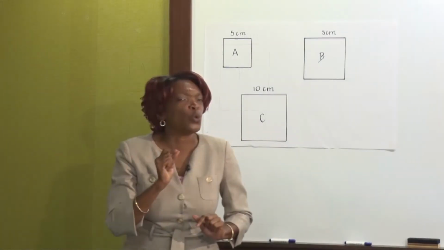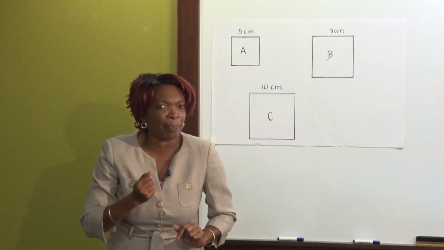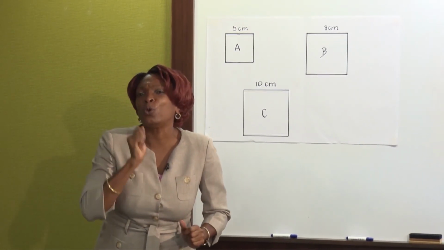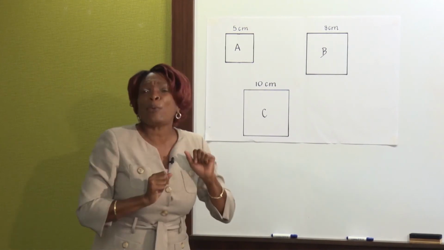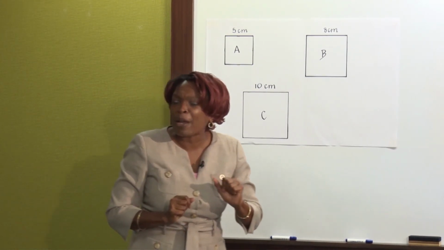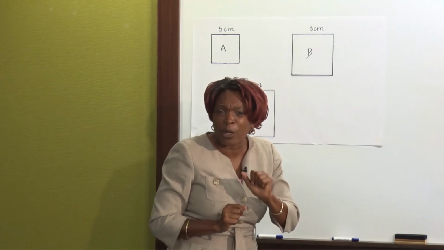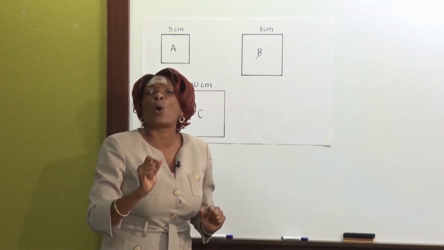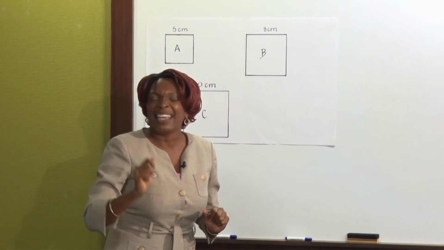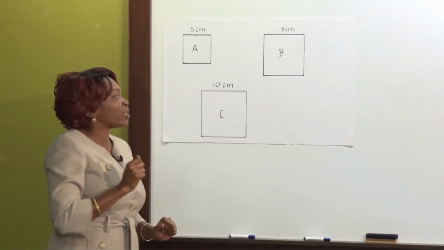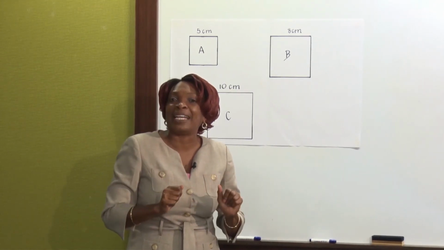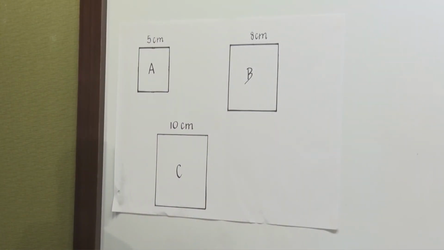I need to know the properties of a square. What do you know about a square that will be important in getting the perimeter? I know some of you are already working it out. Yes, a square has 4 equal sides. Excellent, children, excellent. So that if I know the length of one side, can I get the perimeter?